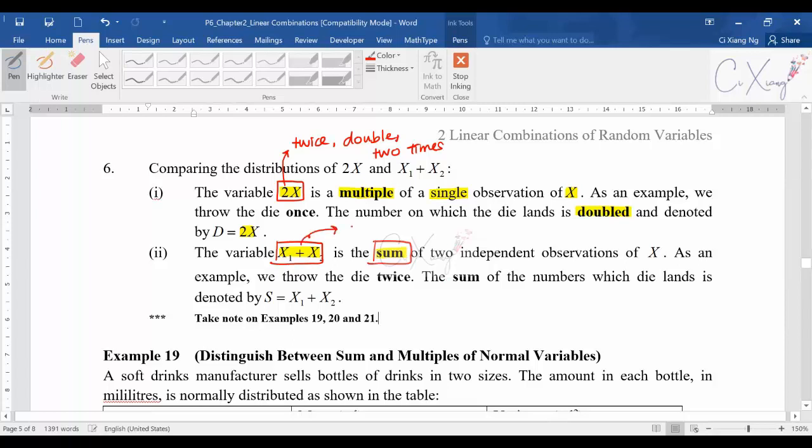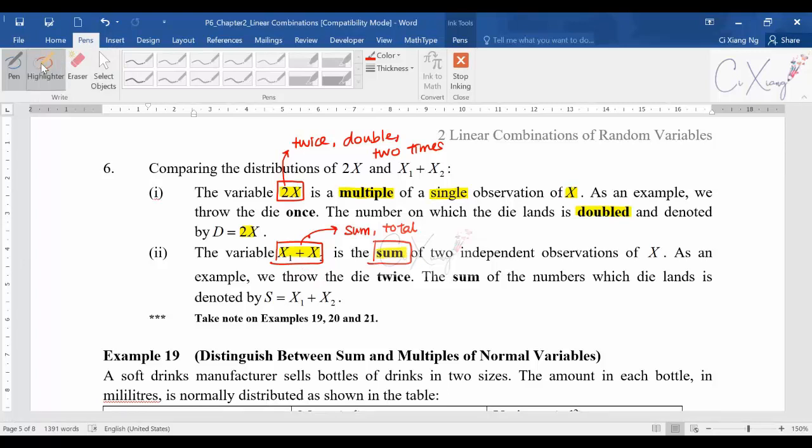You should tell students you will see the word sum or total in the question. So this is how you differentiate it. You have to read the question very carefully to decide whether to use 2x or x1 plus x2.